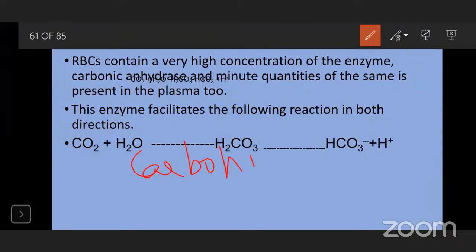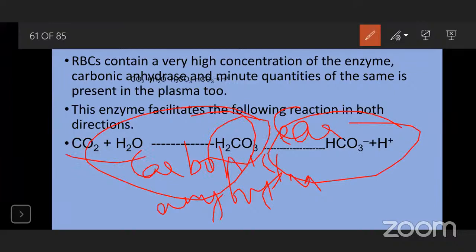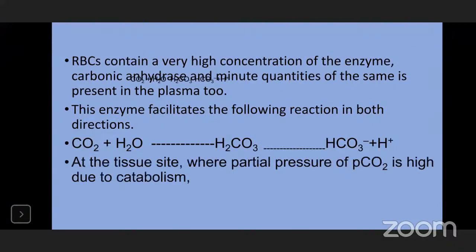This carbonic anhydrase is the catalyst here, or the enzyme, we can say. Carbonic anhydrase is the enzyme which will catalyze this reaction. That is, it will convert the carbon dioxide and water to H2CO3, and again it will dissociate them into HCO3 minus plus H plus. So this is how it gets converted.